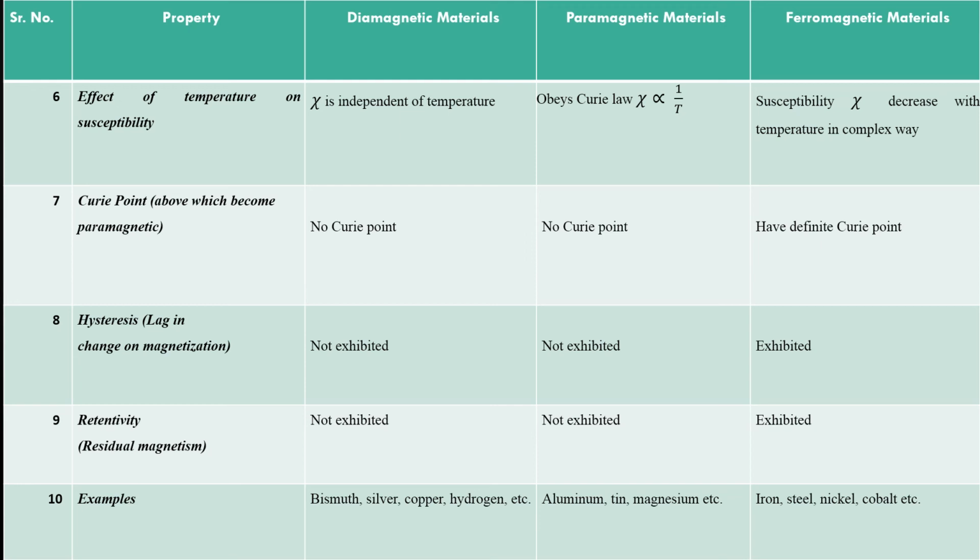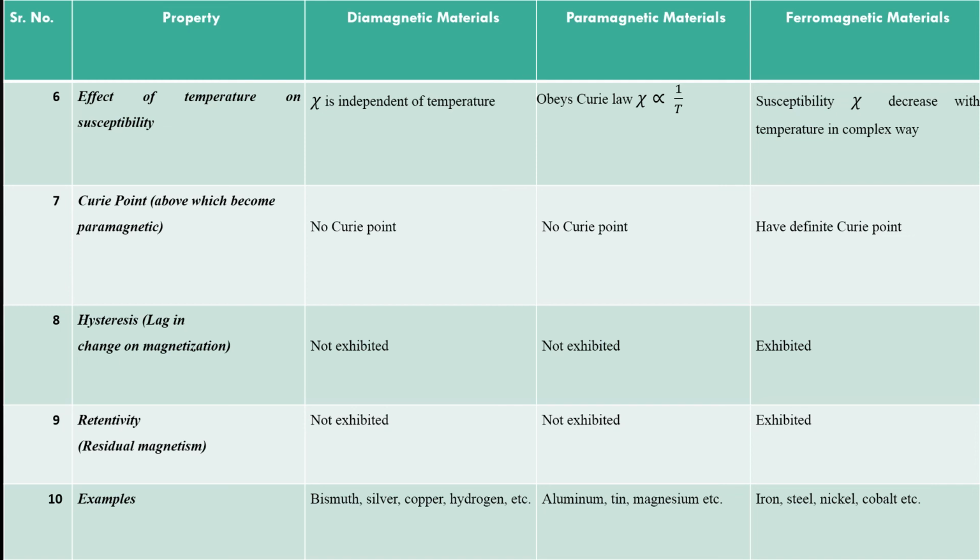But in some materials, though we decrease the external magnetic field, some magnetization remains permanently inside that material. That is hysteresis. In diamagnetic material, hysteresis is not observed. In paramagnetic material also there is no hysteresis, but in ferromagnetic material, hysteresis is observed.